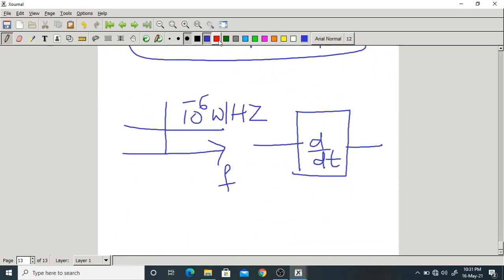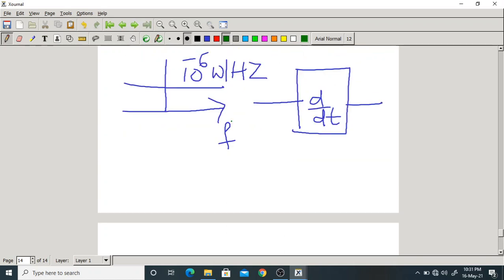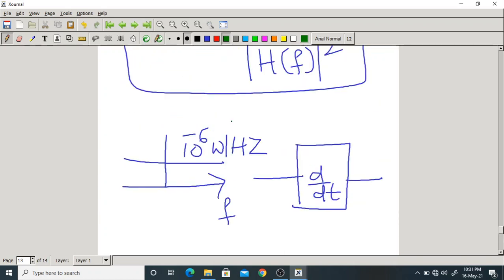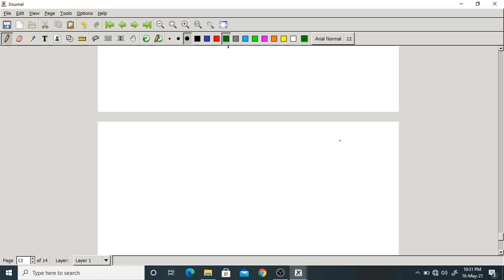So if you recall, what is the Fourier transform of a differentiator? Let me take this h1 of t. So this is h1 of t. We have two systems. So h1 of t is a differentiator, d by dt.